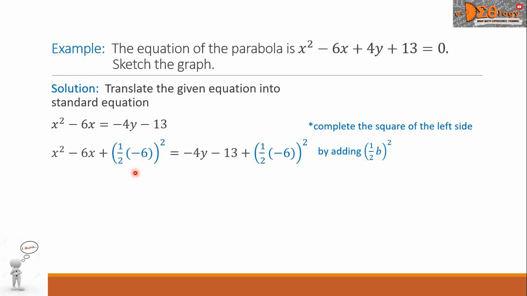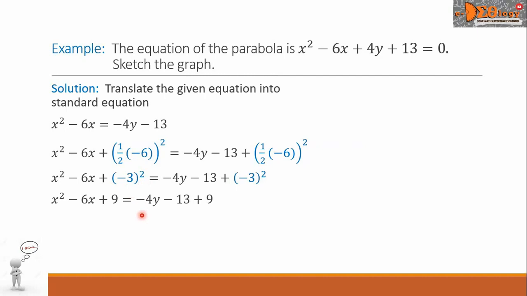Simplifying this now, 1/2 of negative 6 is negative 3. And if we square this negative 3, we will get a positive 9. So we will have now x squared minus 6x plus 9 equals negative 4y minus 13 plus 9.